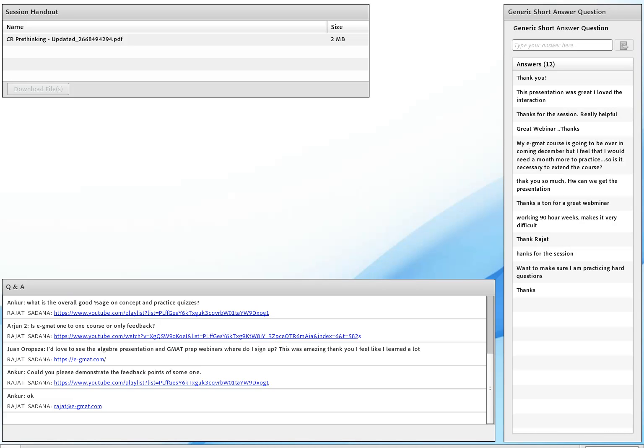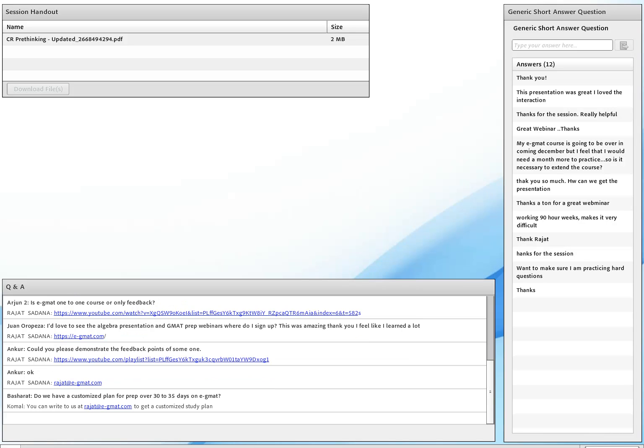Okay, Basharat has another question. Do we have a customized prep plan for over 30 to 35 days on e-GMAT? Basharat, we have a customized prep plan for a starting score to an ending score. Because that's what you want to achieve. And depending on the amount of time you spend, we can really tell you, if you want to achieve a certain amount of score improvement, where should you spend that time. e-GMAT has created 10,000 personalized study plans.